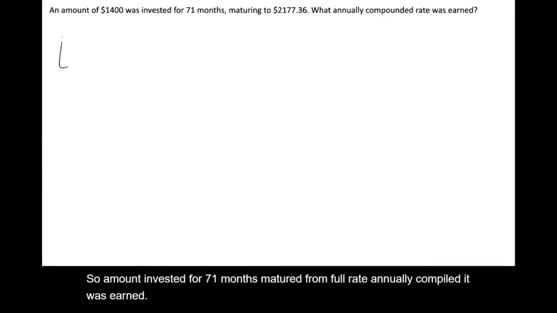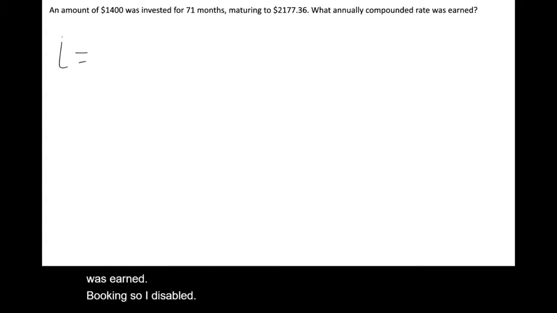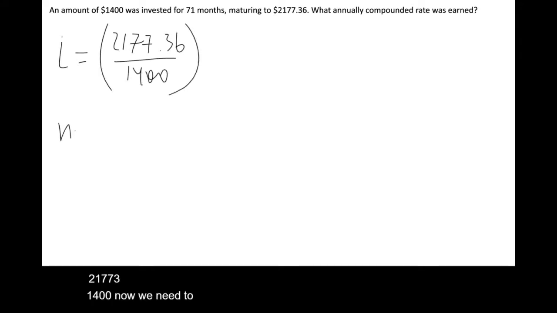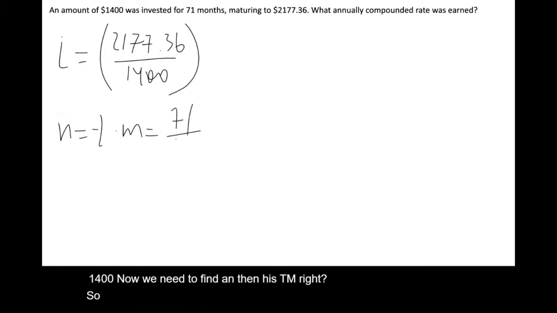Okay, so i is what? 2177.36 over 1400. Now we need to find n. N is Tm, right? So 71 over 12 times 1.